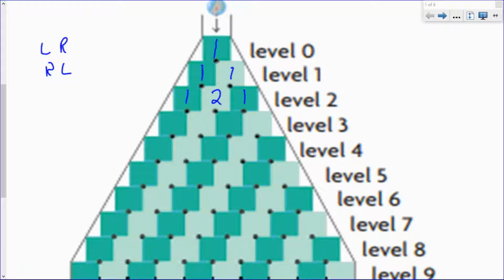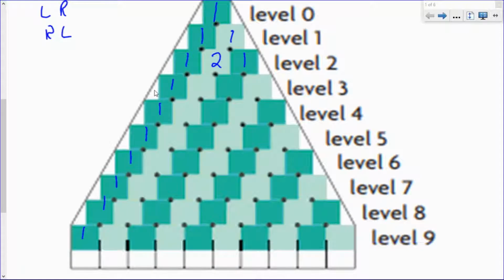Still going to get to space 2. Continuing on, notice there's always just one path along the edge here. There's only one way, in fact, to get all the way down here. You have to go left every single time. And there's only one way to go this way. You have to go right every single time. As soon as you don't go right, you can't end up in this space right here.